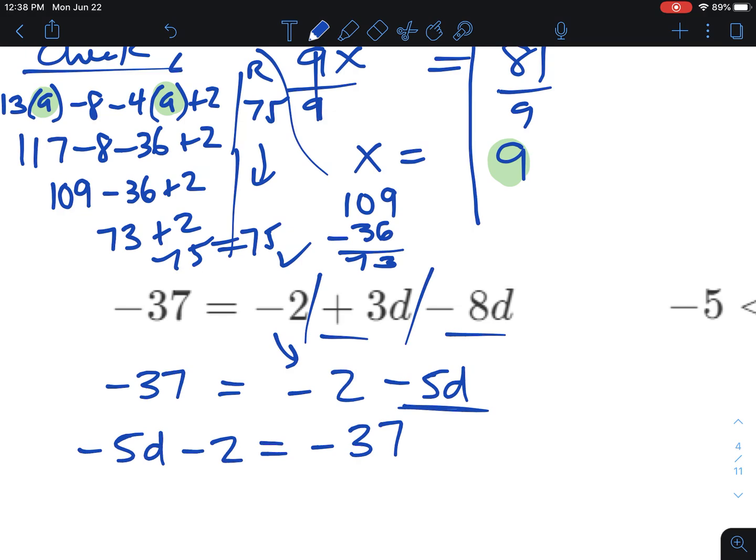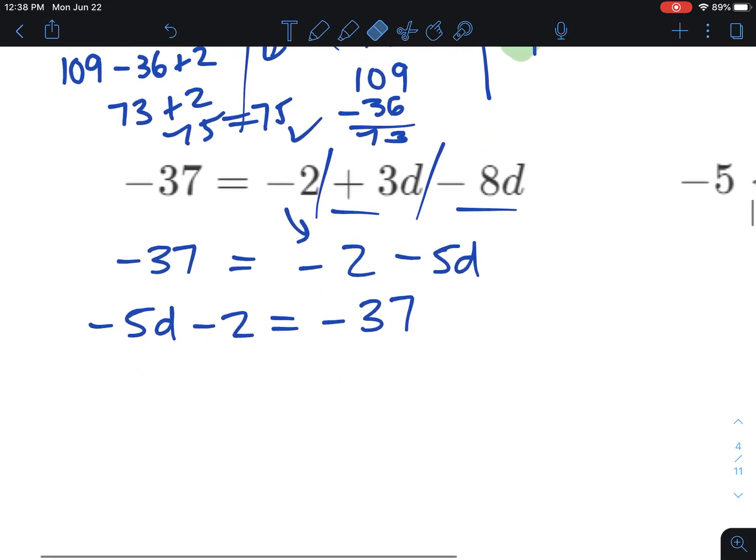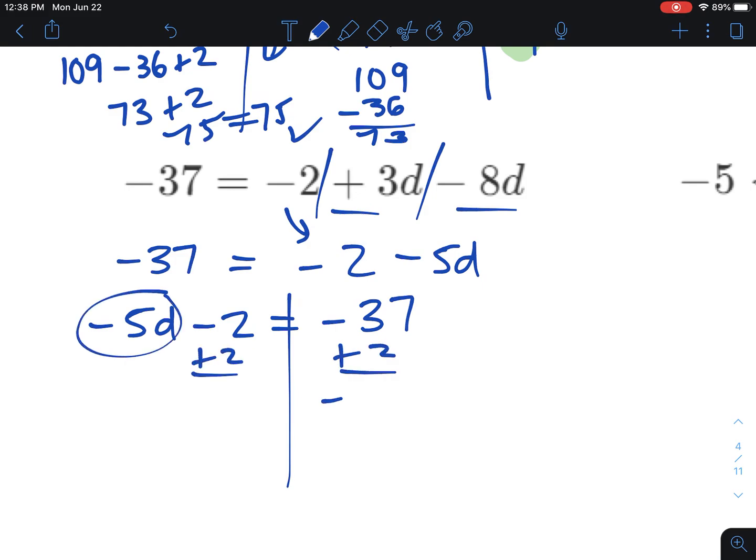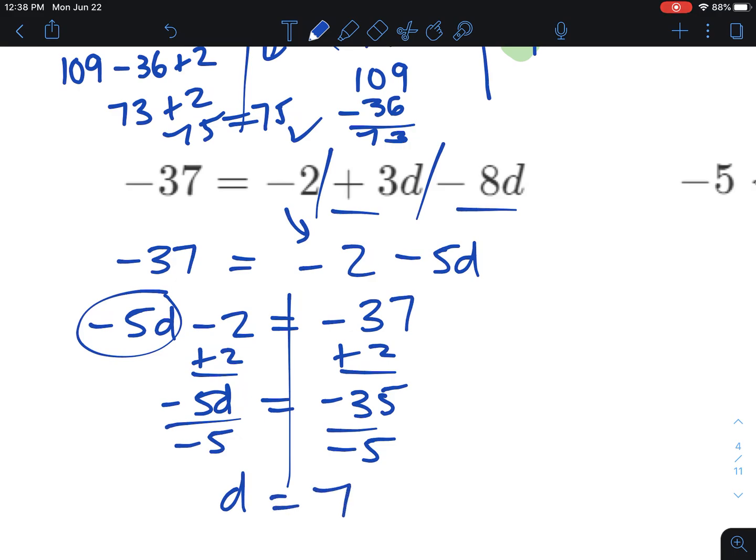See how I put this first and then this, then the equal sign, and then that? You can switch things around as long as you don't change the signs on the pieces. All my signs are still the same, so I'm good to go. Okay, now we're going to solve this two-step. Plus 2 to this side, plus 2 to that side. You get negative 35 equals negative 5d, divide by negative 5, and you get the answer. D equals 7.